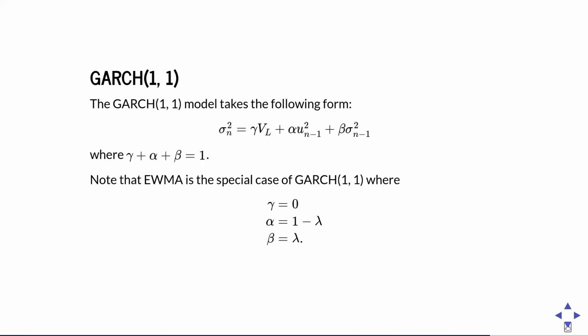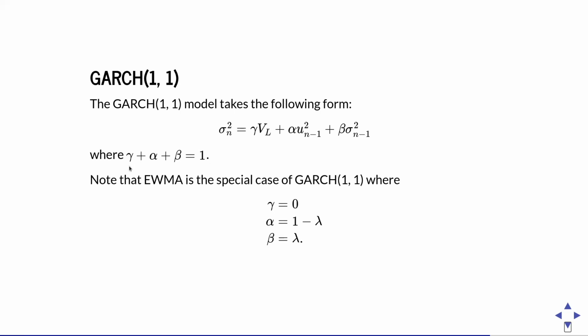So the GARCH(1,1) model takes the following form. We've got that our estimate is equal to gamma times some long-term variance plus alpha times the squared return from the previous day plus beta times the variance estimate from the previous day.